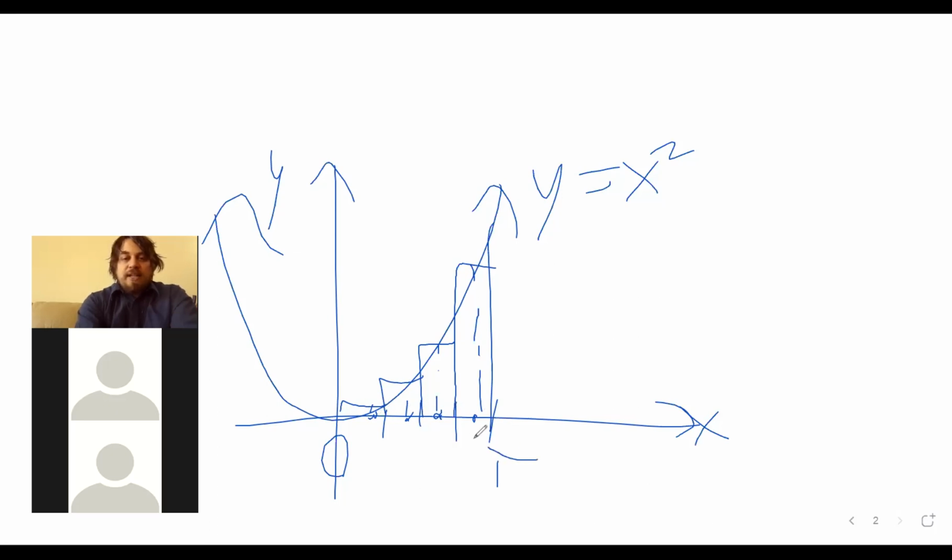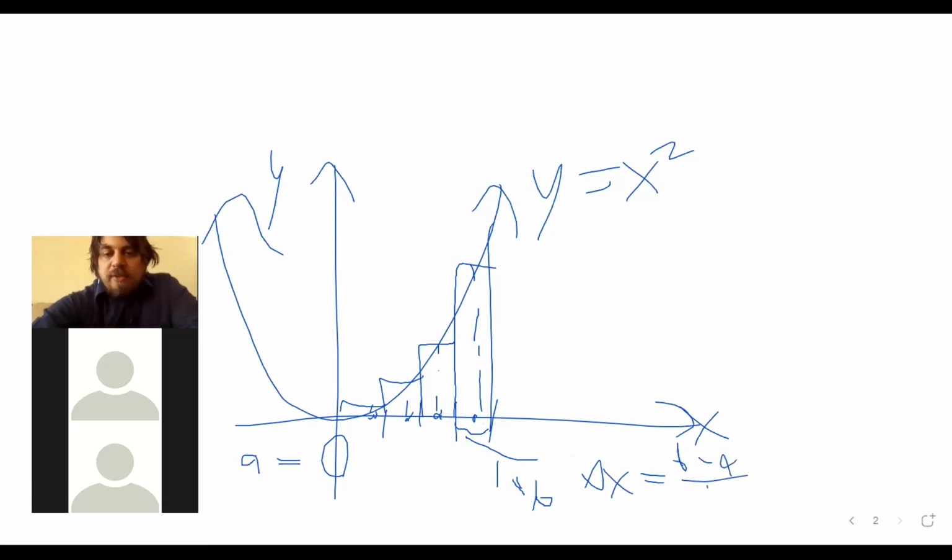And the length of this subinterval, the b minus a, this is a, and this is b. And so when delta x is equal to b minus a over n, that means you're taking the entire length, in this case 1 minus 0, which is 1, and dividing it by the number of rectangles you want.